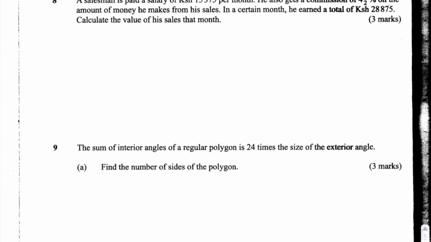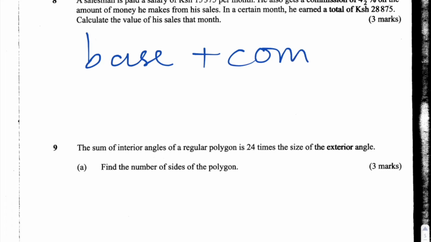So we know that the earnings of this salesman are split into two parts. His base salary, which we're told is 15,375, and what he earned through commissions.